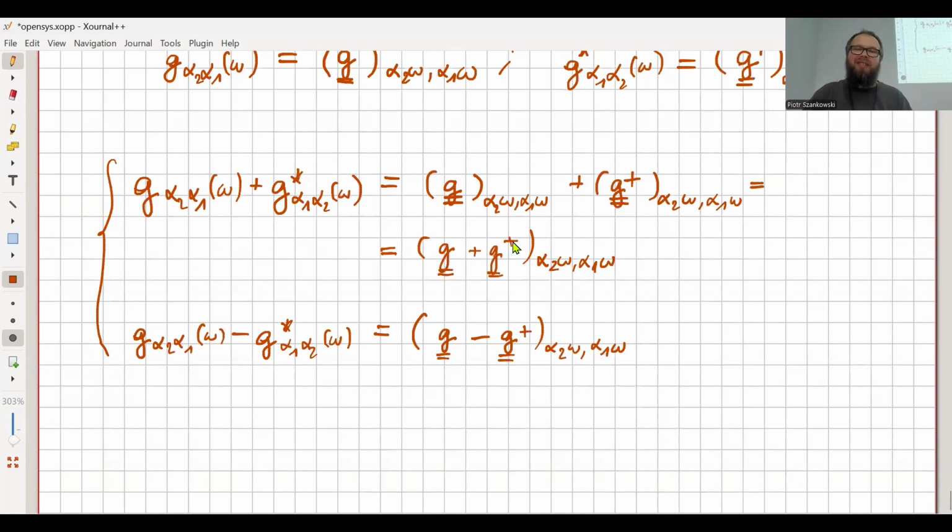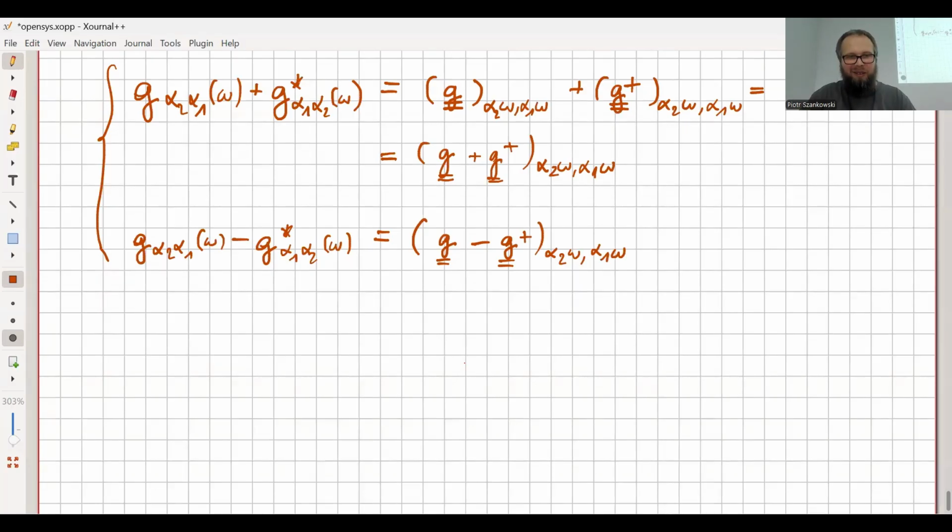But G plus G dagger is Hermitian, right? Because you take the dagger of G plus G dagger, you get G plus G dagger. The difference is anti-Hermitian, meaning if you take the dagger of this difference, you get minus the difference. So G plus G dagger is Hermitian, and i, the imaginary unit, times G minus G dagger, is also Hermitian.